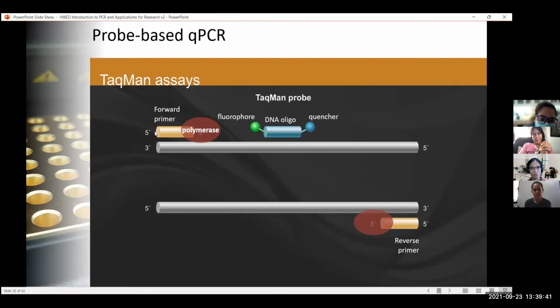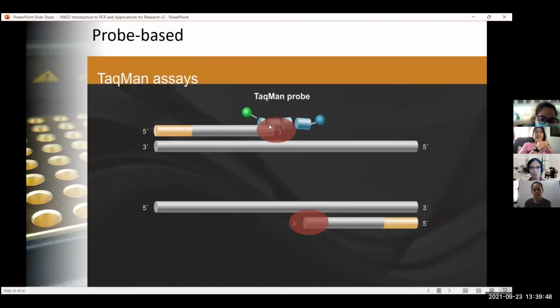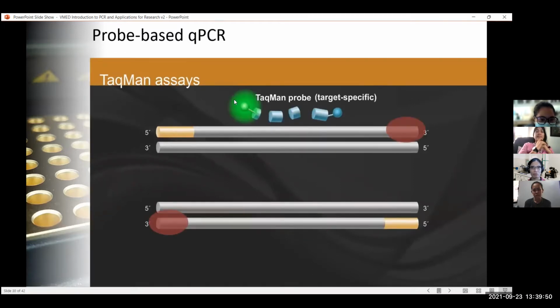So once it moves from the left to the right, it will encounter the oligonucleotide probe and digest it. What will happen is that the fluorophore will separate from the quencher. So they move away from each other. The quencher can no longer absorb the light being emitted by the fluorophore, and therefore you can get a signal. That is how the detection method of the TaqMan assay works.